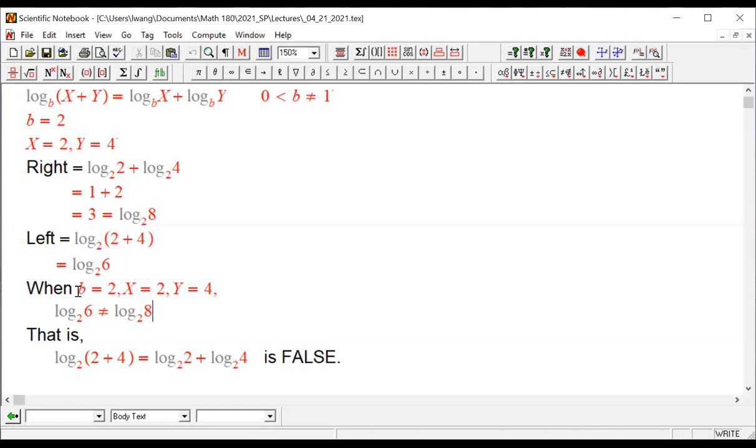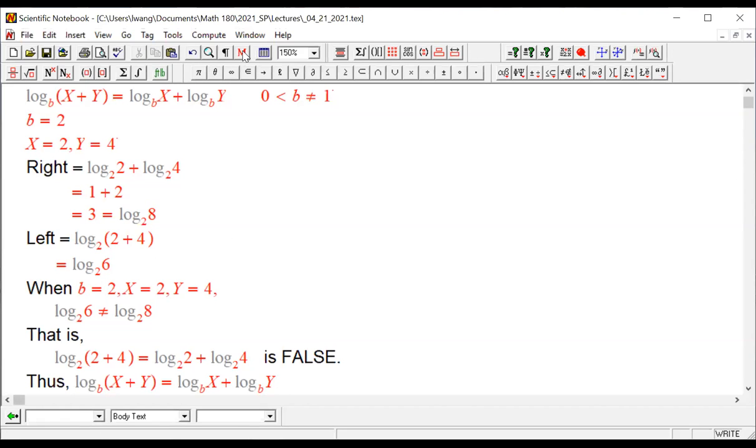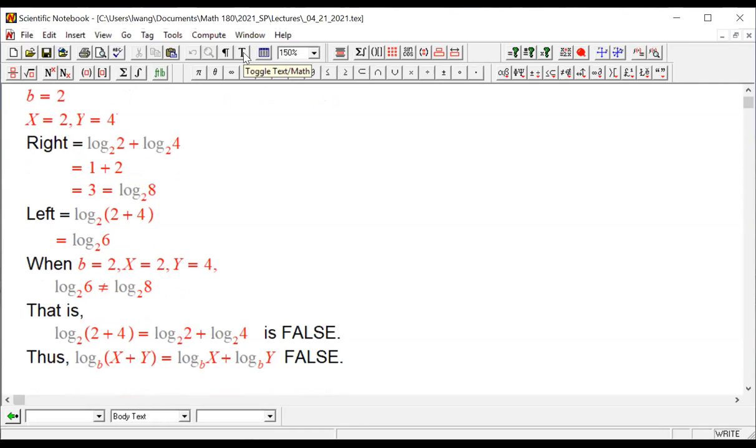That once is clearly described for this base, for this X and this Y. Of course, you have numerous examples, but we don't need that many. We only need one, right? So false once, and then you say, thus, now you can conclude this is false.